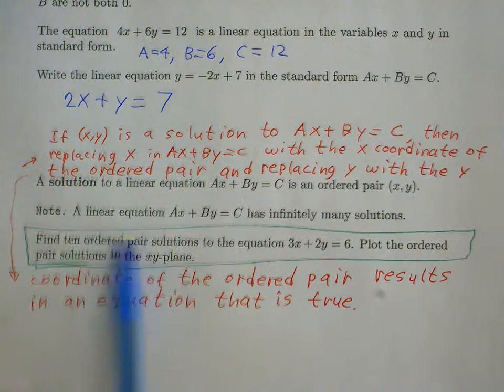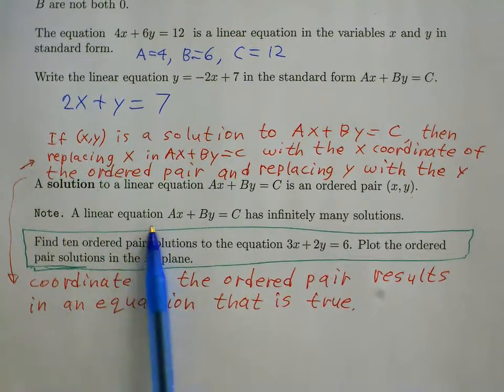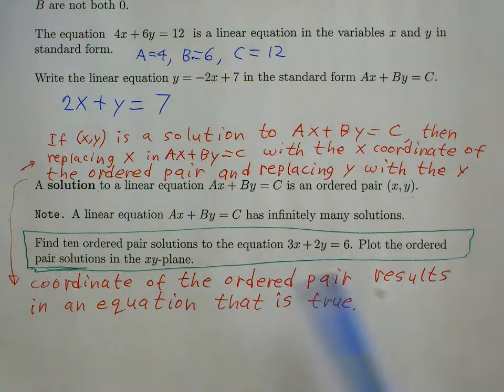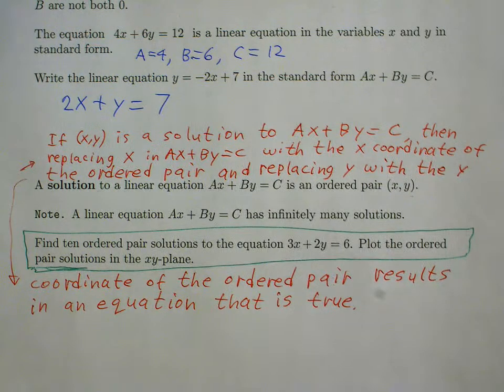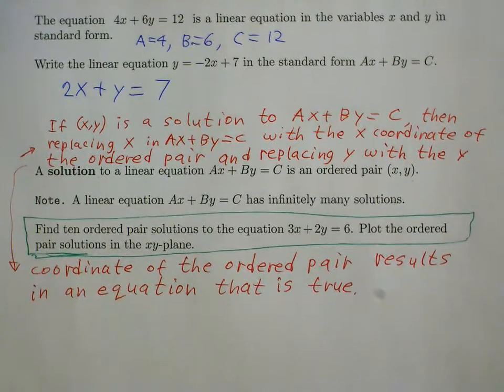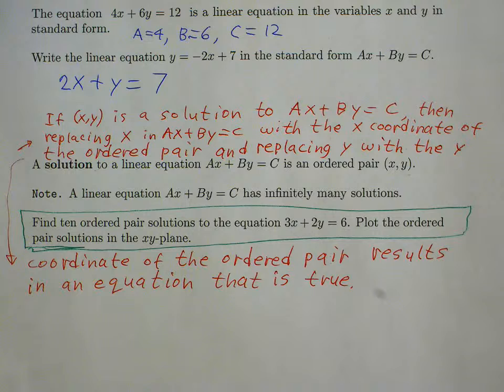A linear equation, ax plus by equals c, has infinitely many solutions, infinitely many ordered pair solutions. So we only have to find 10, so that's reasonable. If there's infinitely many and we only have to find 10, it's not bad. So how do you propose to go about finding a solution?